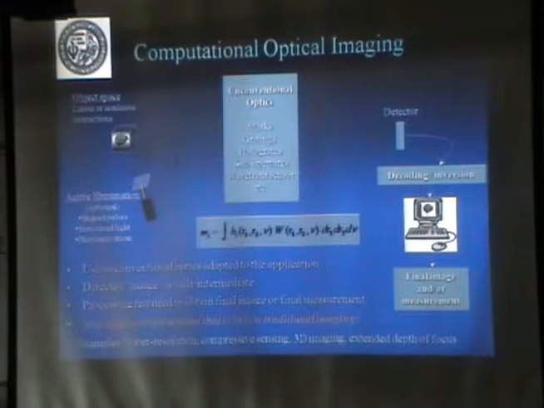You have the field, depending on the position in 3D space, and then you have frequency or color. But if you have incoherent light, you need to consider this magnitude called the degree of coherence. And the degree of coherence essentially tells you how you can relate or correlate different points in space.